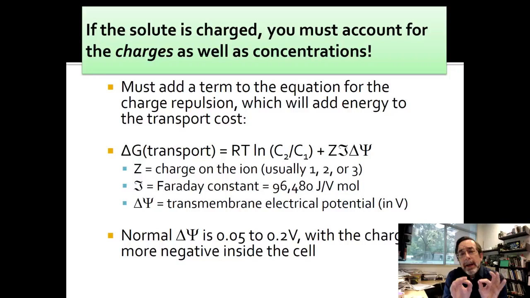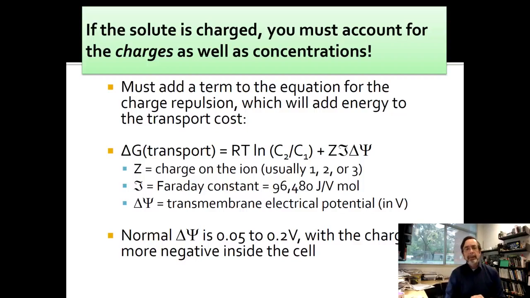The one thing I will say about this equation, when you're using it, you can be very careful about signs. You can say, oh, I know I have a plus here, and I know that my charge is more negative, so I'm going to have a minus there. And that's one way to do it. But the way I like to do it is I actually like to do it intuitively, which is to say, okay, my delta G is going to be moving.